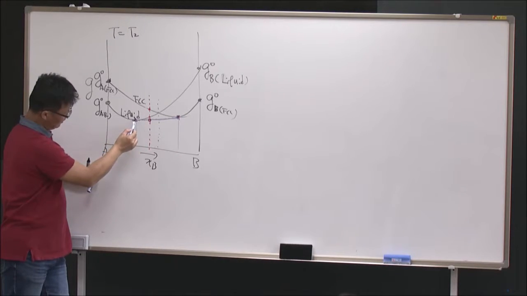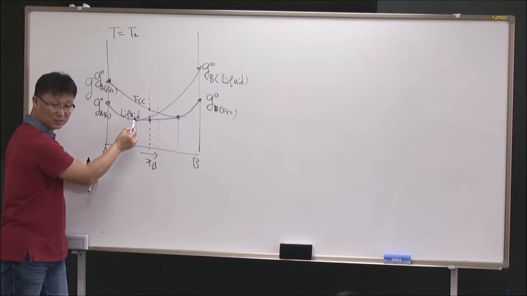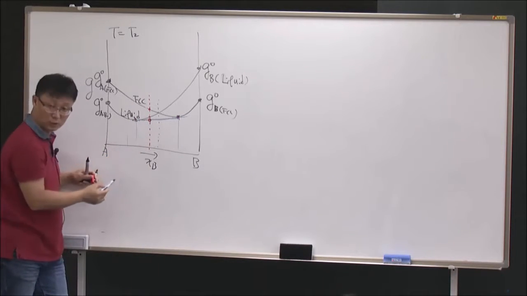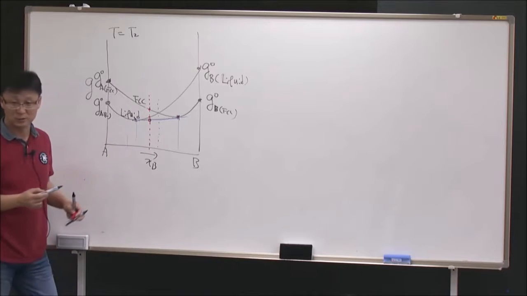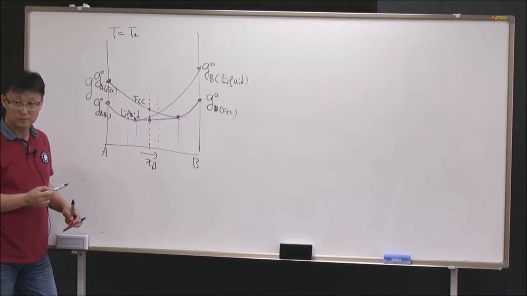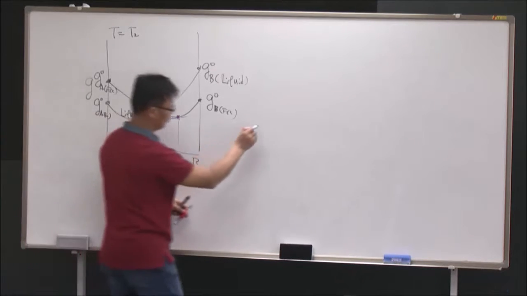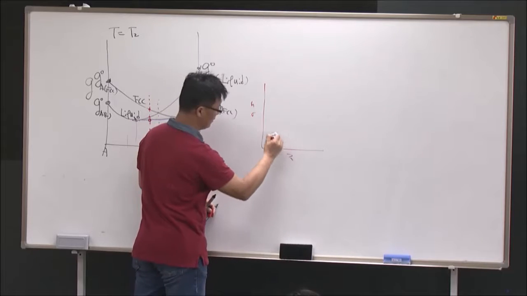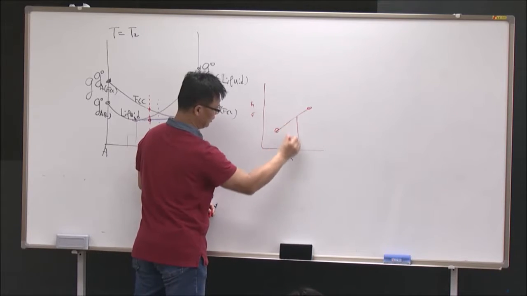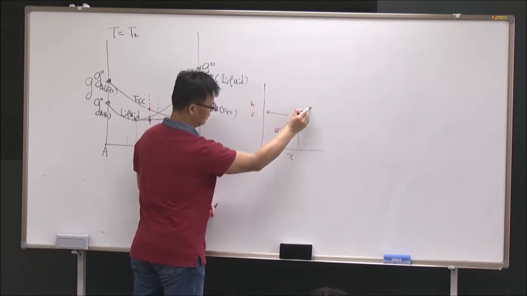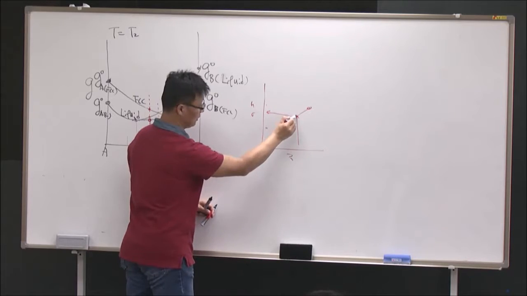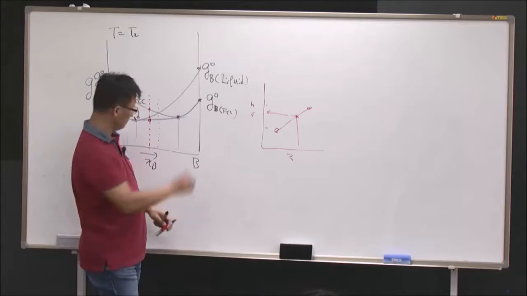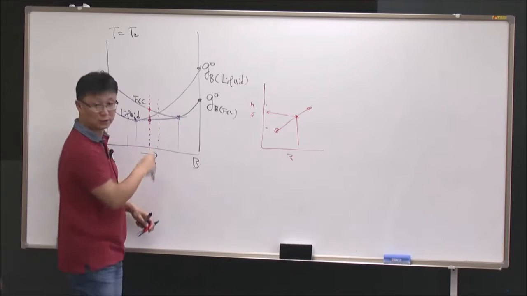So if I say I have 60% of liquid and 40% of solid, probably I can make this point here. Do you get it? When you have any kind of curve here, y and x, if I put these two together, the point here is the fraction of this one plus the fraction of this one. So that's the common tangent point here.